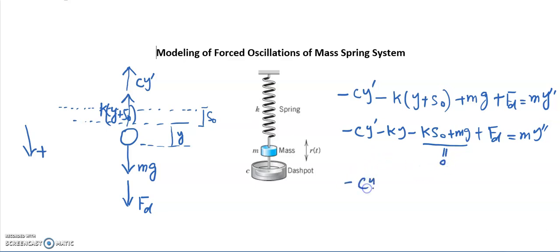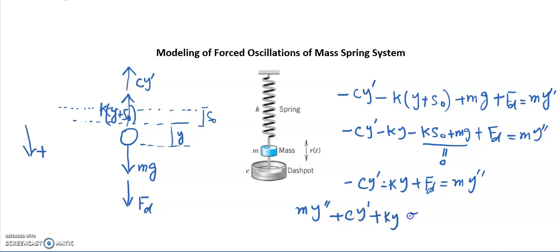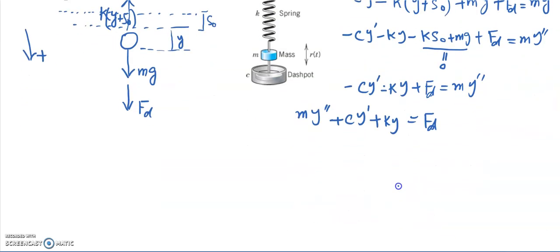So what is left is minus cy prime minus ky plus the driving force equal to my double prime. If we rearrange the terms, we can write it like this: my double prime plus cy prime plus ky is equal to the driving force. This is the second order non-homogeneous differential equation, and this is the equation for forced vibrations.